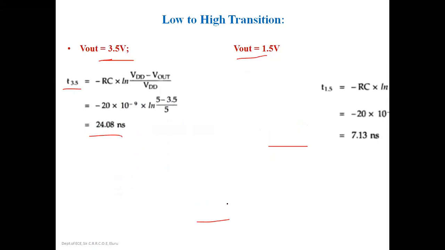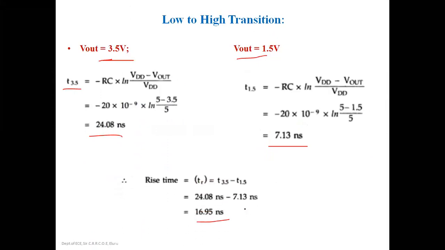Now if you compare the rise time and the fall time, the rise time is double the fall time, or vice versa, the fall time is half of the rise time.